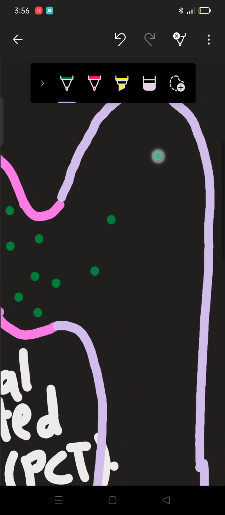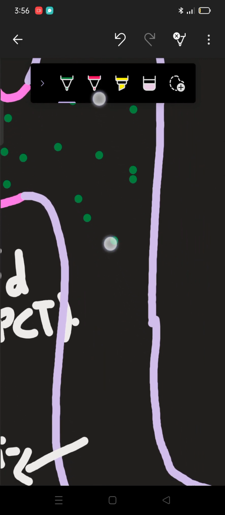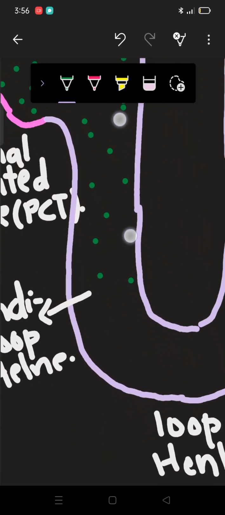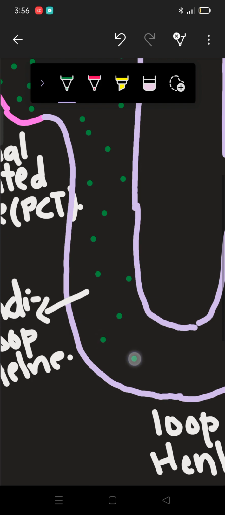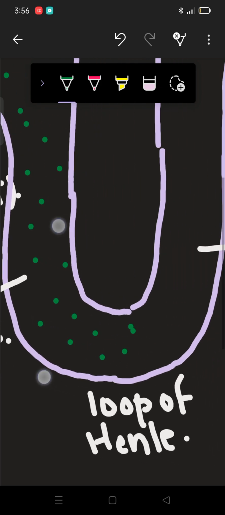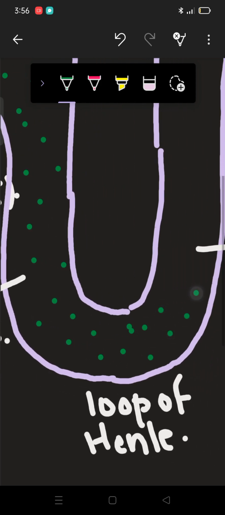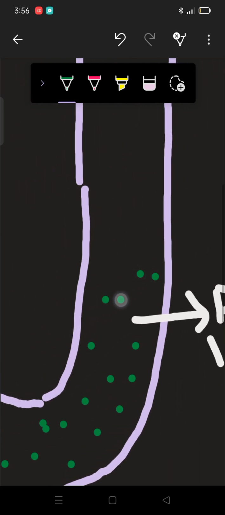Alright, then it would be going to the loop of Henle, initially the descending loop of Henle. Then it will maintain the concentration of the ions, because one of them is permeable to the water and another is permeable to the ions.